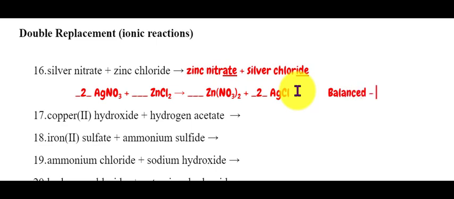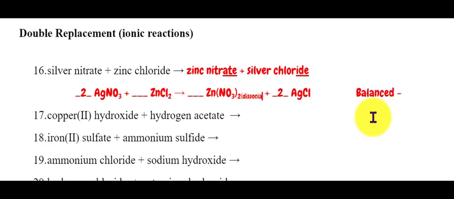But if we take a look, we need to find one of these materials that precipitates out to know that the equation proceeds. So zinc with nitrate, that disassociates.